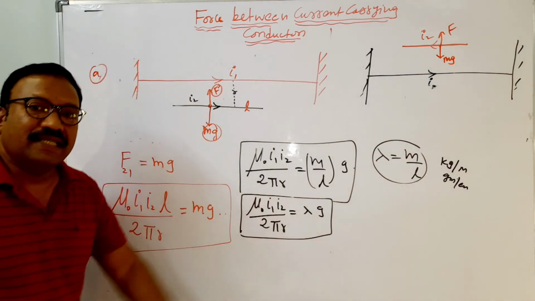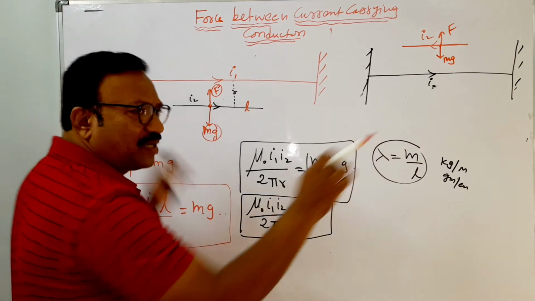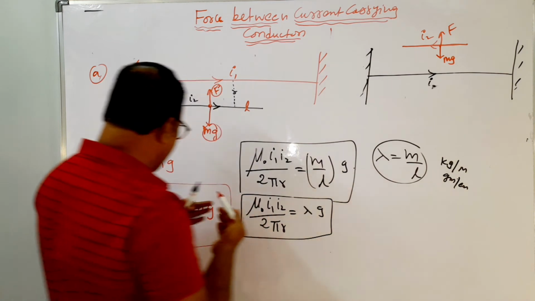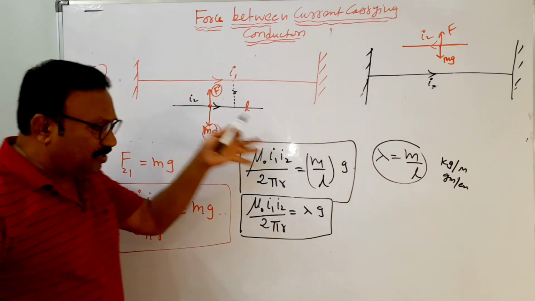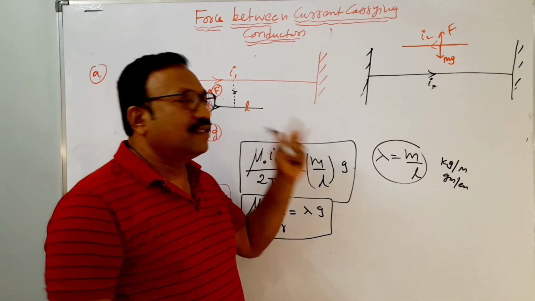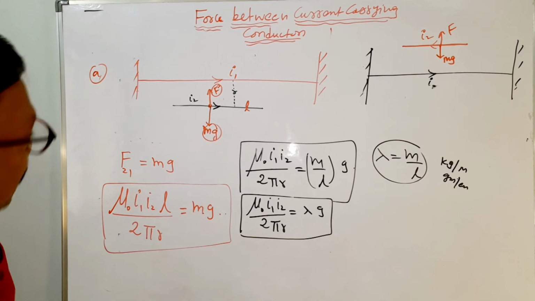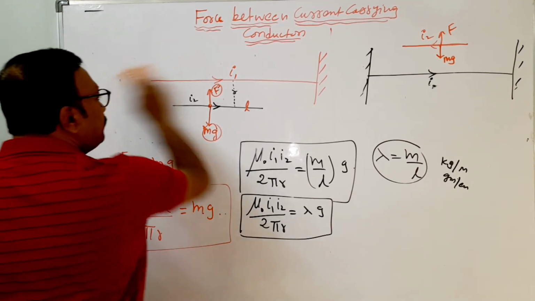Weight of that wire is balanced by repulsive force. Then the same formulas you will get. Again F is equal to mg only, no? So the same formulas you will get. So in whichever situation he gives, you have to calculate and do it. This is one application. So second application will come.